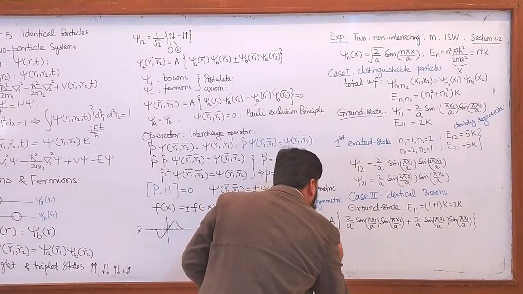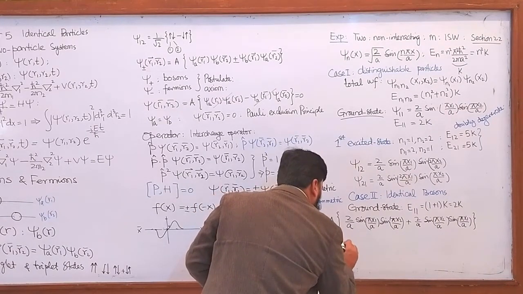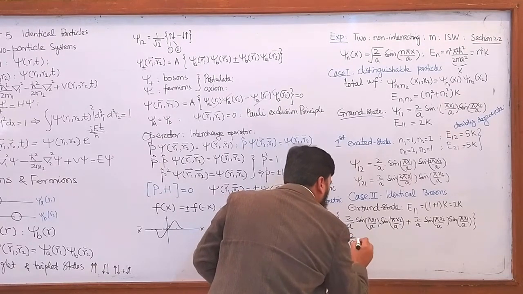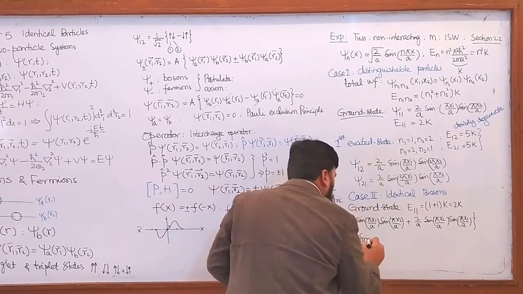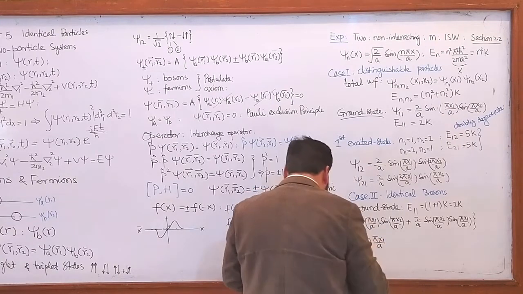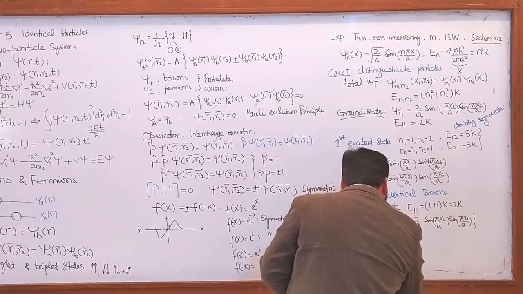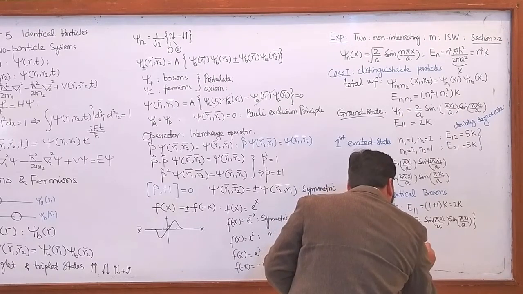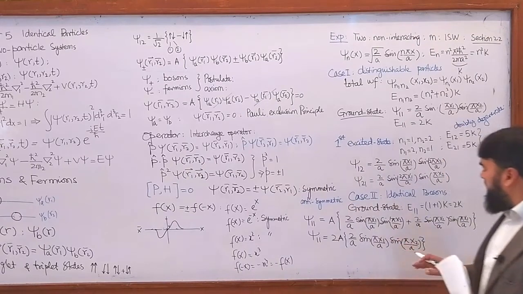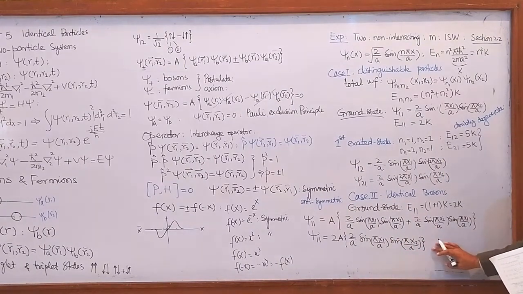So I got psi 1,1 is 2 times A, 2A sine pi x1 over a and sine pi x2 over a. This is our ground state wave function. Now look here.